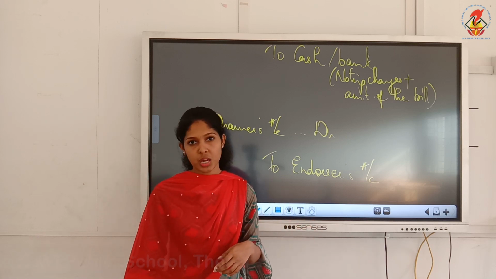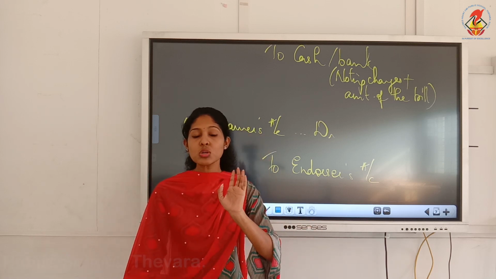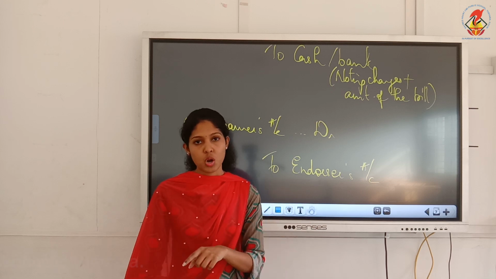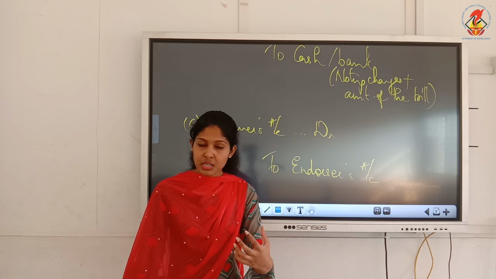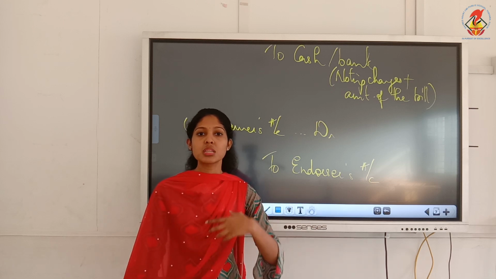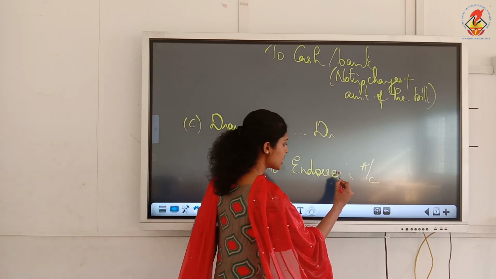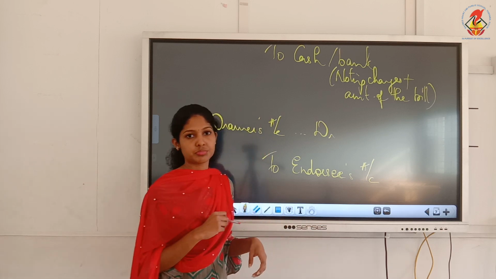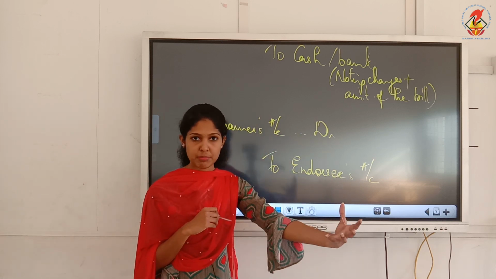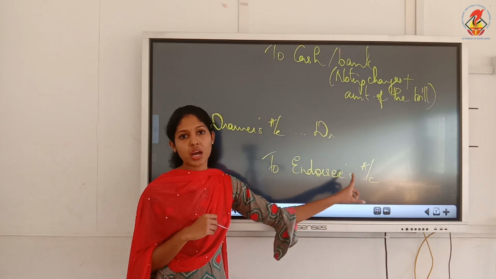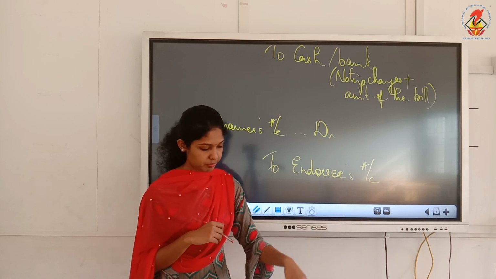It is the endorsee who is making the payment to the notary public, and in turn, we will have to make the payment to the endorsee. That is why we have credited endorsee's account here. Understood? We have to make the payment to them, so they are our creditors. So we have to credit them.